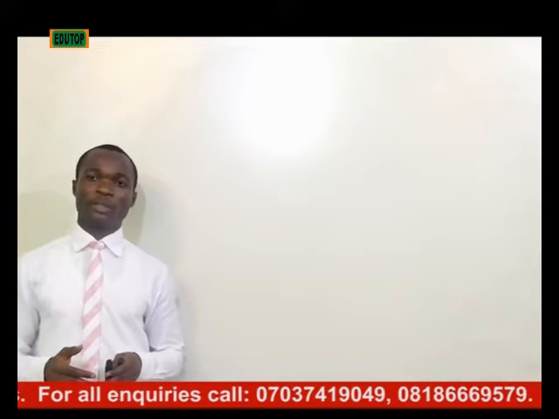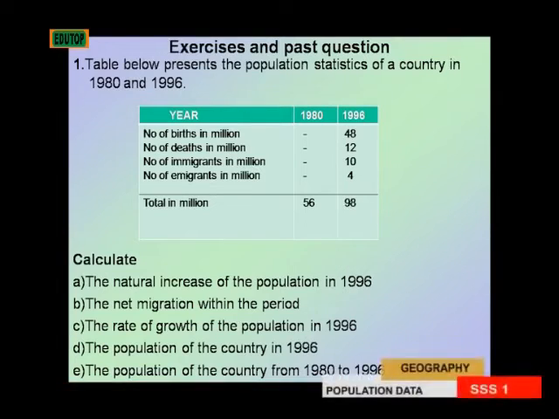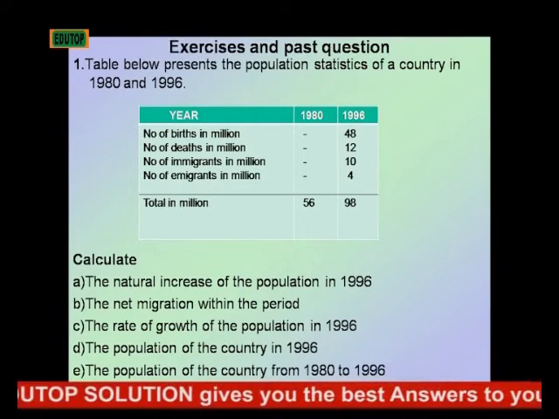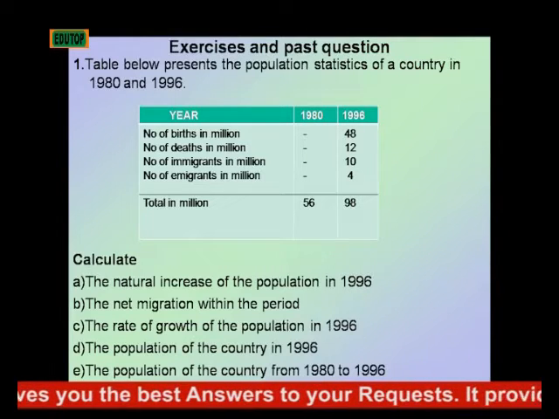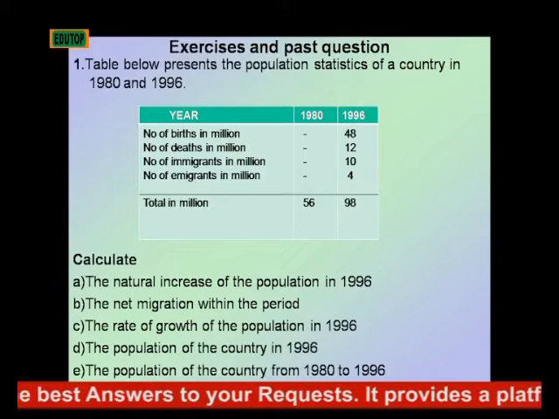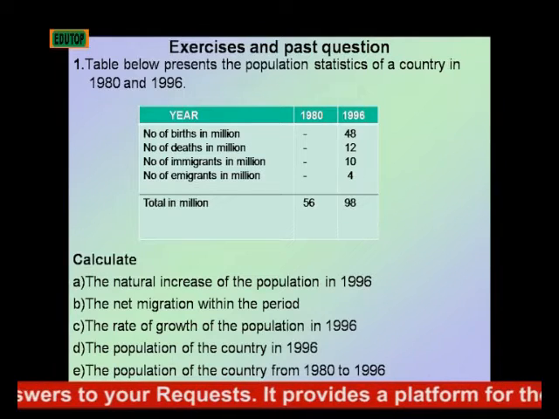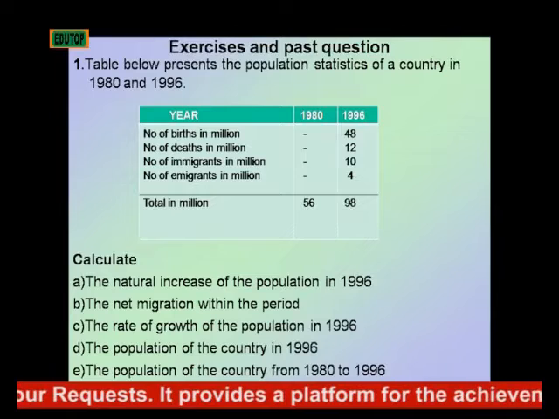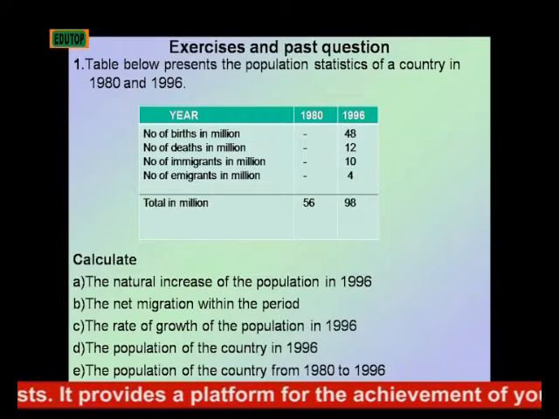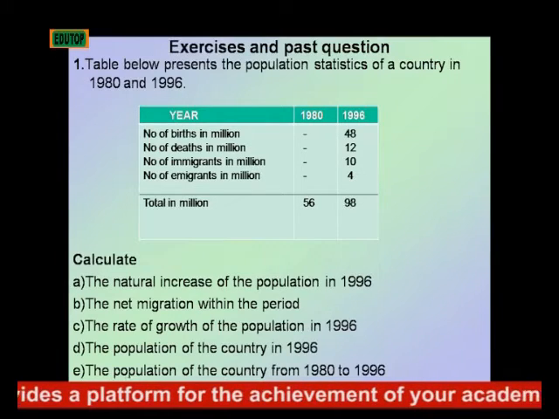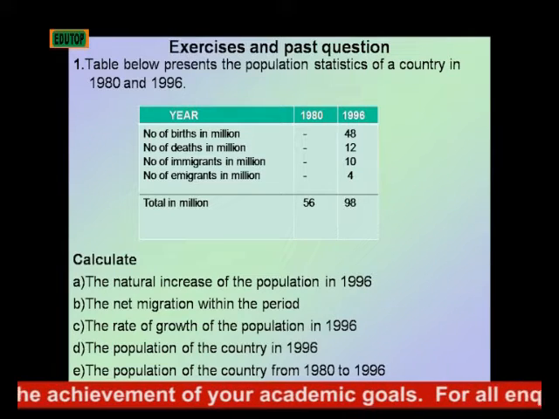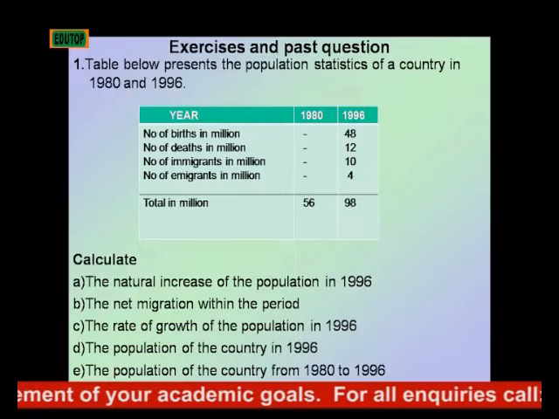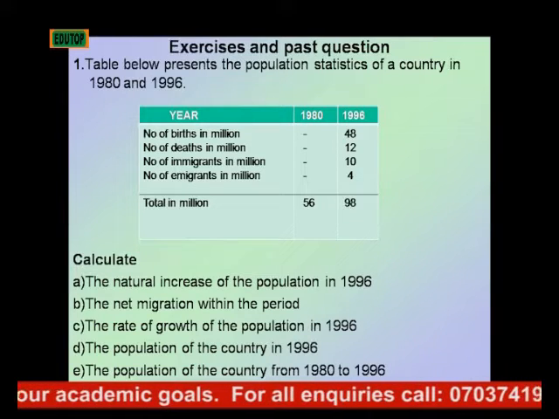Now, number 1 says, the table below presents the population statistics of a country in 1980 and in 1996. Here's the table. We have 1980 and 1996: number of births in million, number of deaths in million, number of immigrants in million, and number of emigrants also in million, and the total also in million.